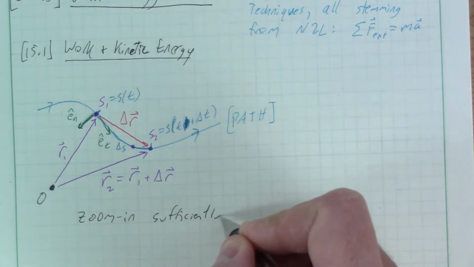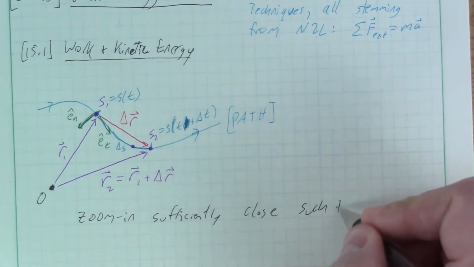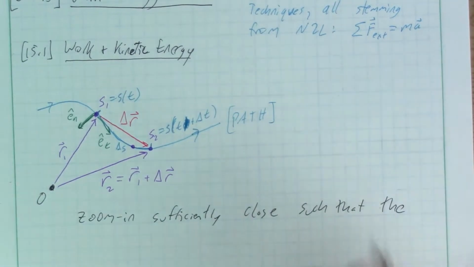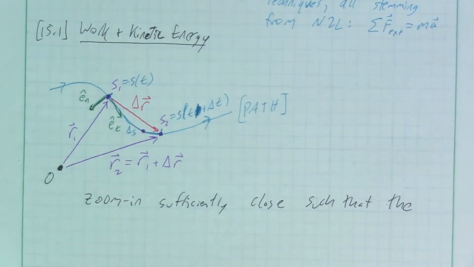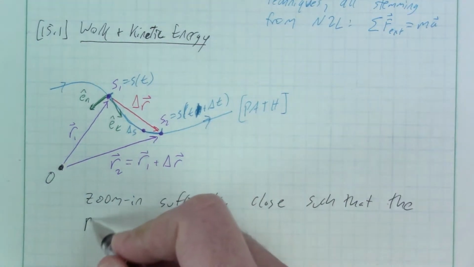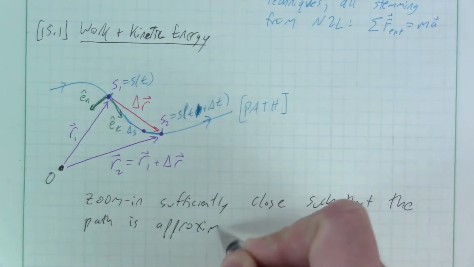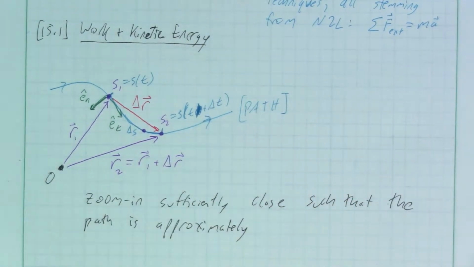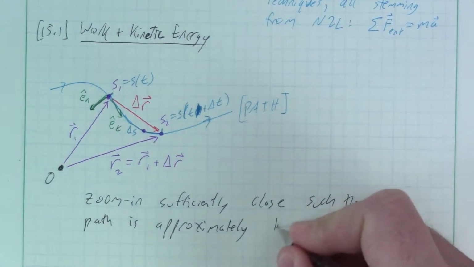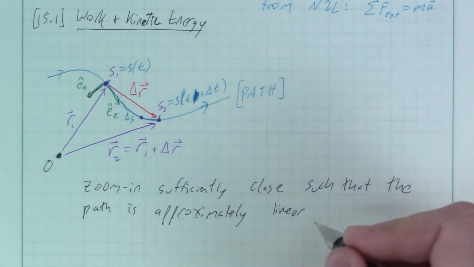To do this, we'll zoom in sufficiently close first, such that the path is well described by a linear function, it looks like a line essentially, such that the path is approximately linear.